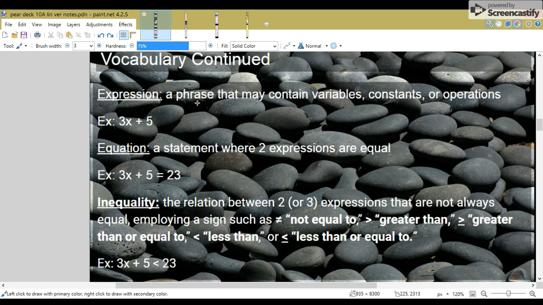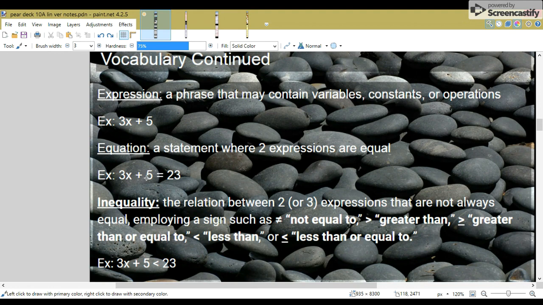On the next slide, we have some more vocabulary. Expression: a phrase that may contain variables, constants, or operations. An example is 3x plus 5. Notice expressions do not have equal signs. An expression is only a phrase. Equation: a statement where two expressions are equal.